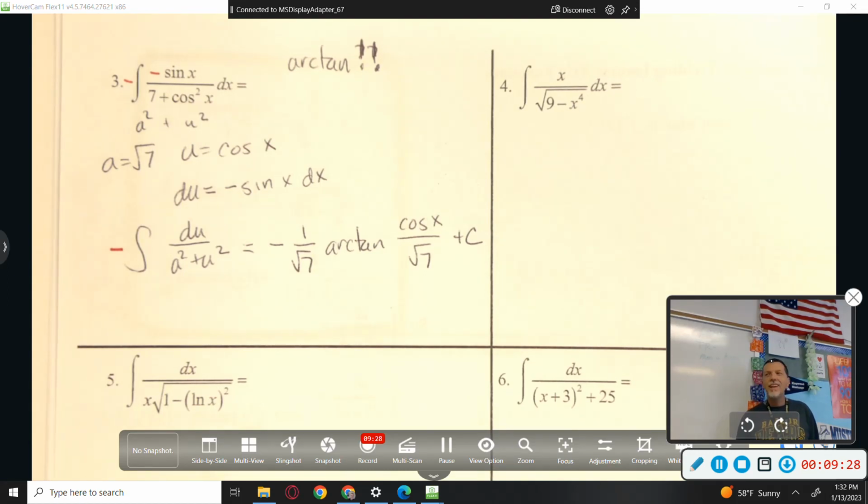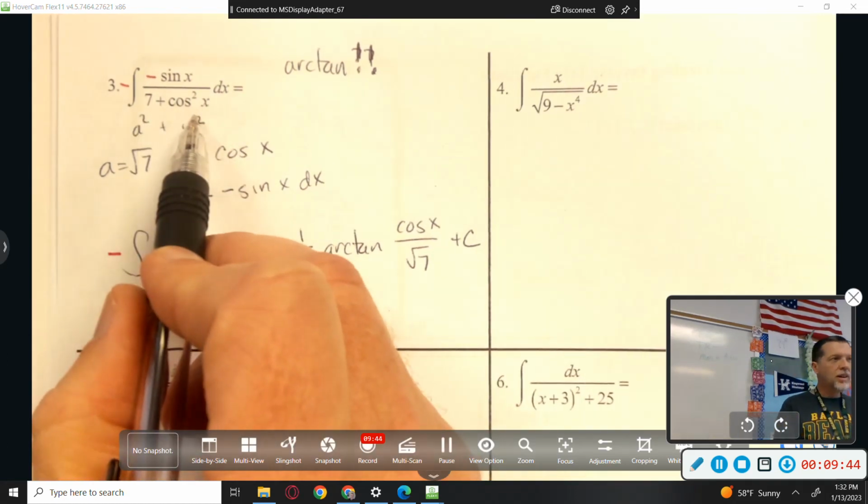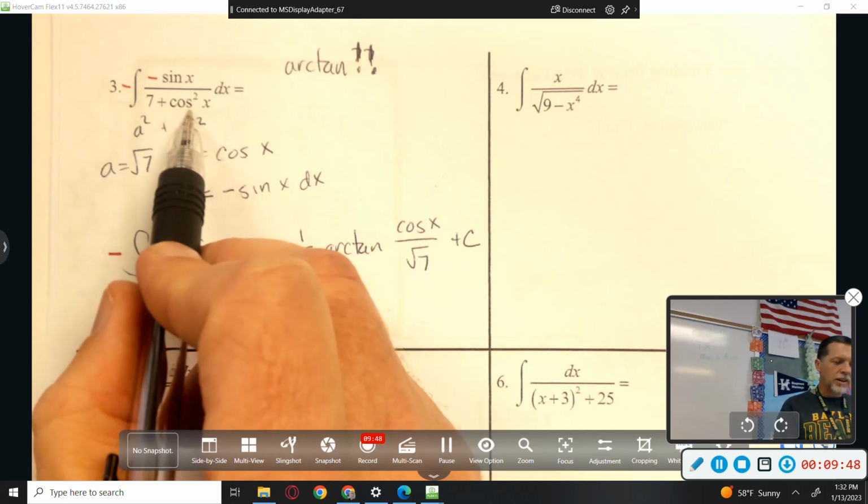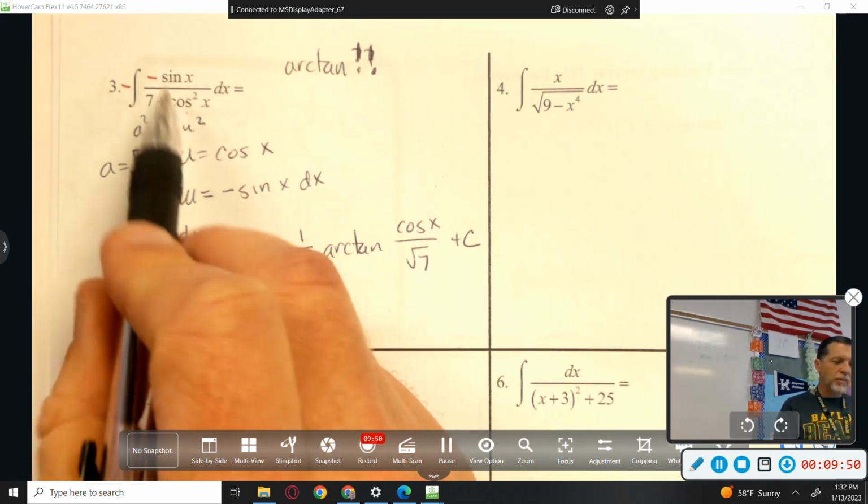Now, that was tricky enough knowing that we're doing arcsine and arctangent problems. If you just saw that on your own, most of you, and I would do it too the first time I saw it, would let u be the bottom. Because I'm thinking, oh, that's good because the derivative of cosine is something with sine.